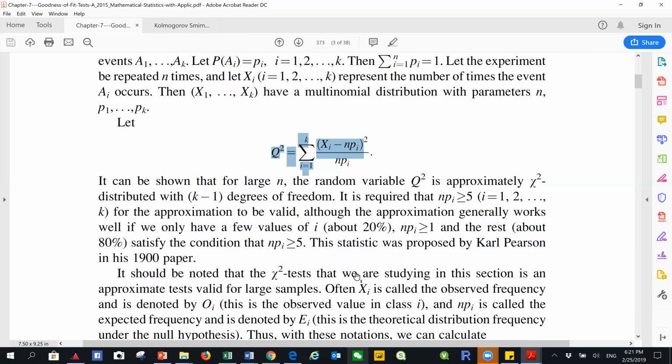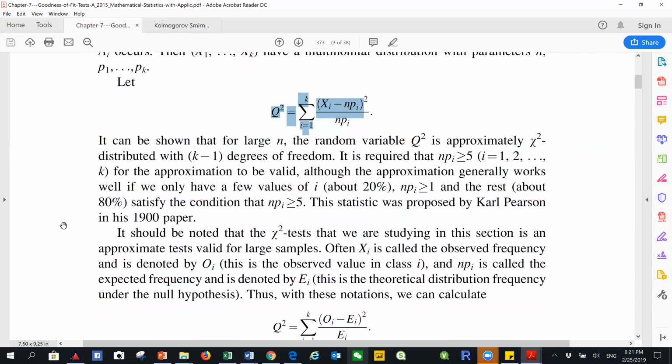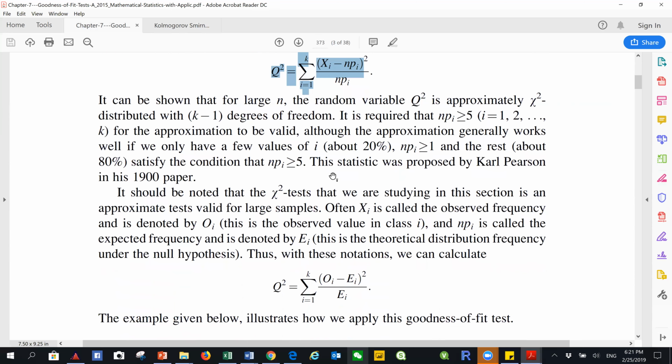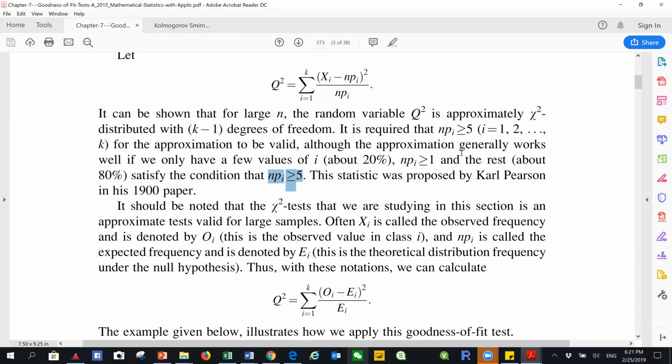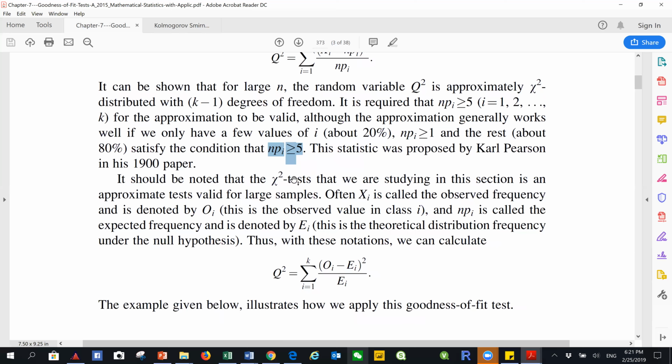Here are a few conditions that we should have: n pi greater than or equal to 5, and so forth. This is so that the test works well, since it doesn't generally work well if we only have few values. So this needs to be satisfied.